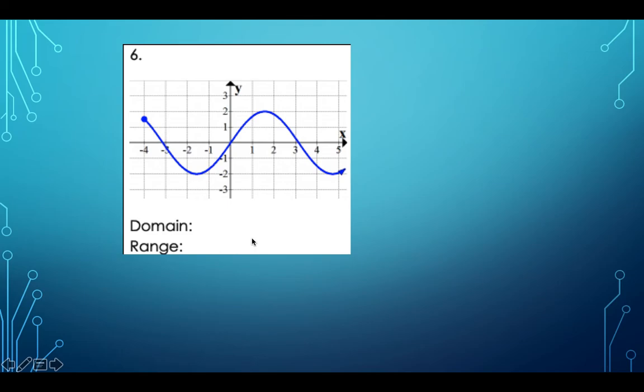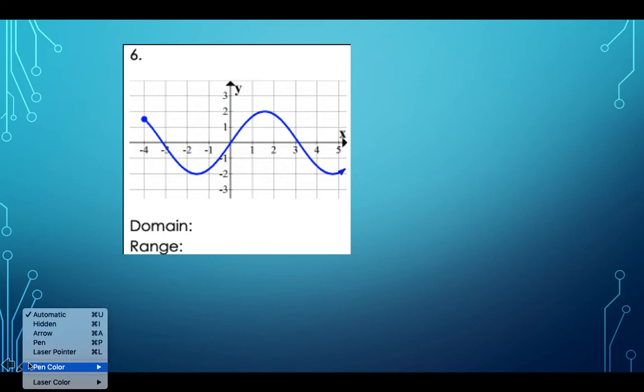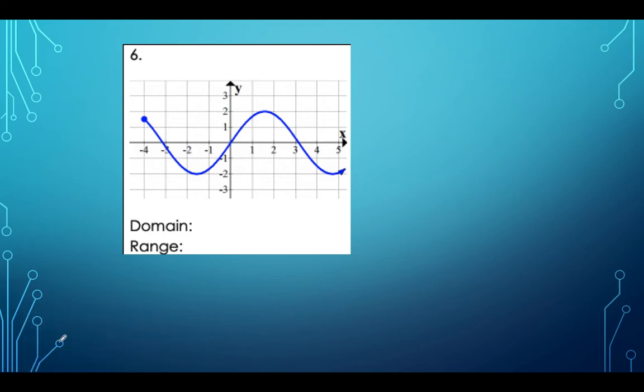Okay. Let's do another one. Now we're going to assume that when it shows an arrow, it's going to keep going in that direction. So we're just going to assume that it's going off like this. Okay. Now, domain, well, sorry, it's from left to right.